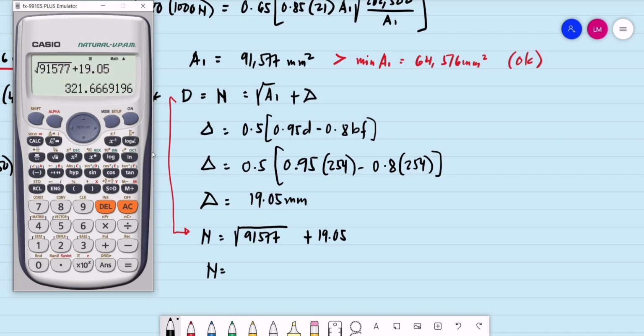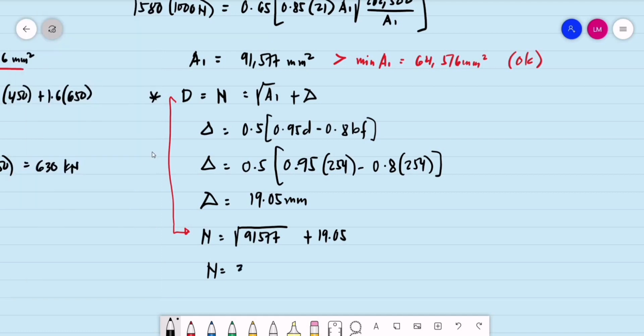So that is 321.667 millimeters. So it's better if we are to round this up to, let's say, every 5 mm. So let's say 325 millimeters, divisible by 5.